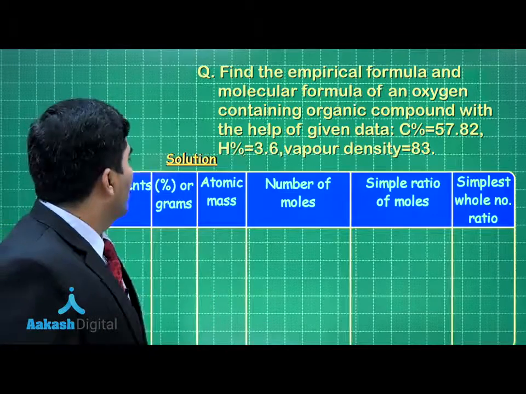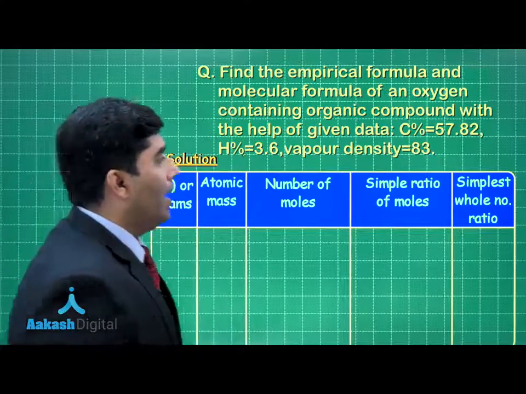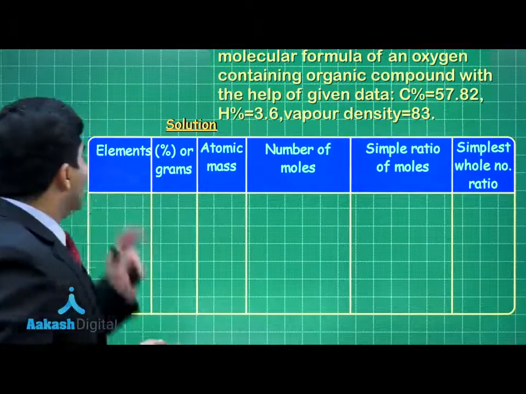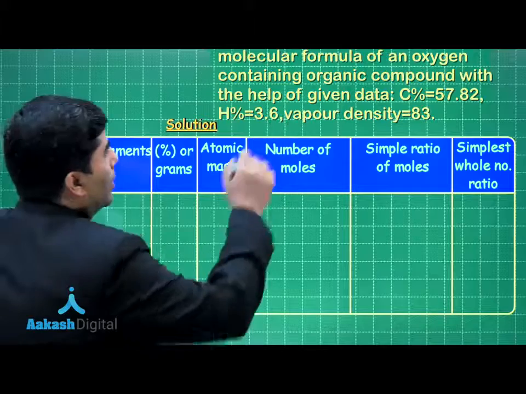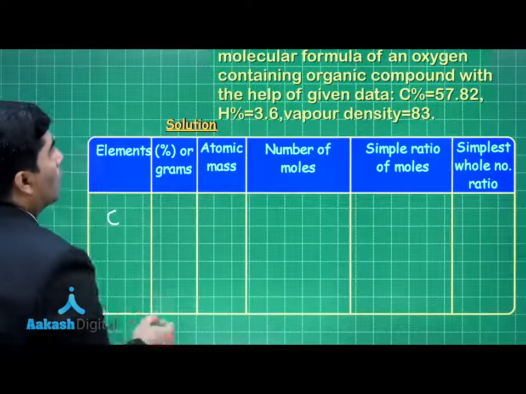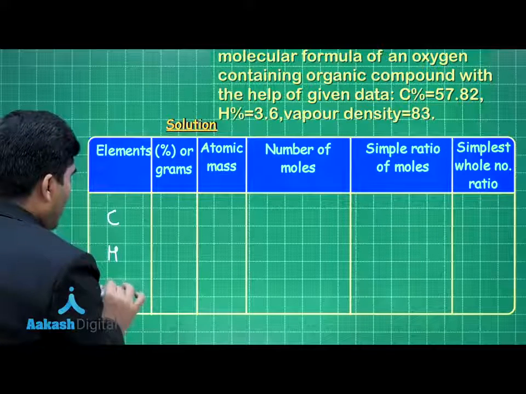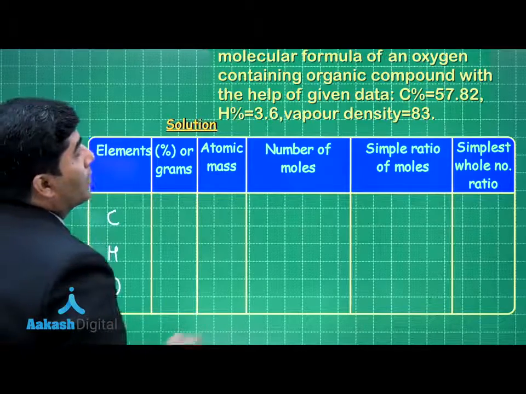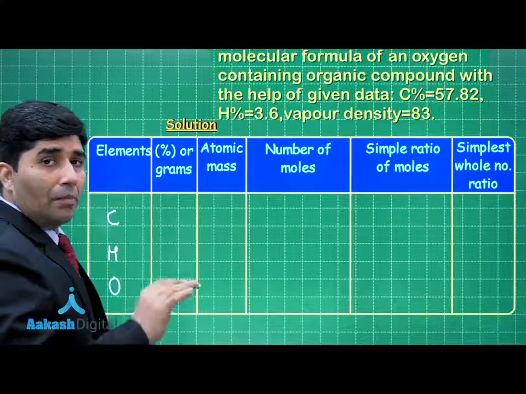Let's solve the question. Now the solution, again we have to construct the table and follow those steps I told you earlier. The first step is we have to write the elements. So elements are carbon, hydrogen and oxygen. Then we have to assume that the weight of the compound is 100 gram.